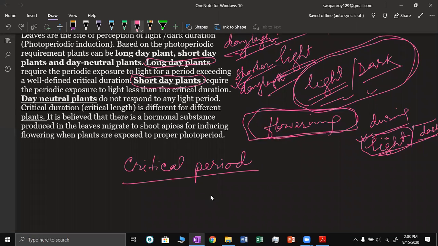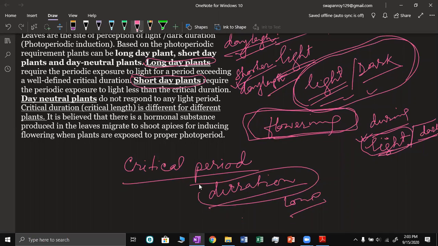Critical period is the duration below which a long day plant will not flower, or above which a short day plant will not flower. Say a plant can flower in 6 hours of light, and then there is a long dark period and the light period is short.